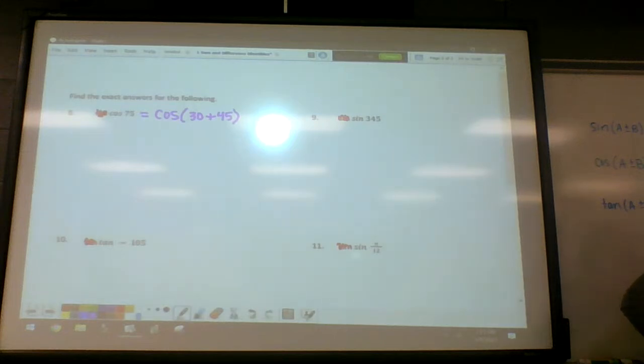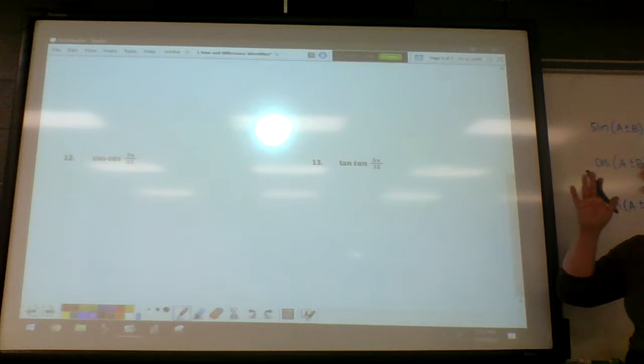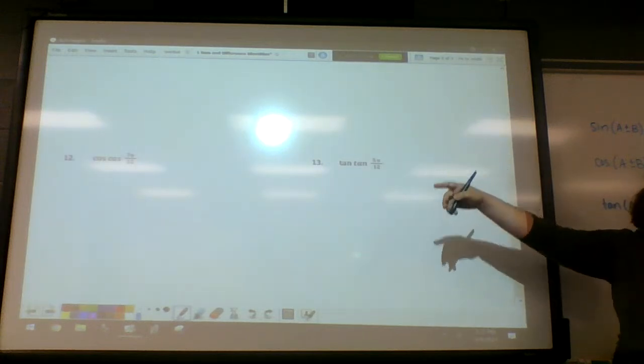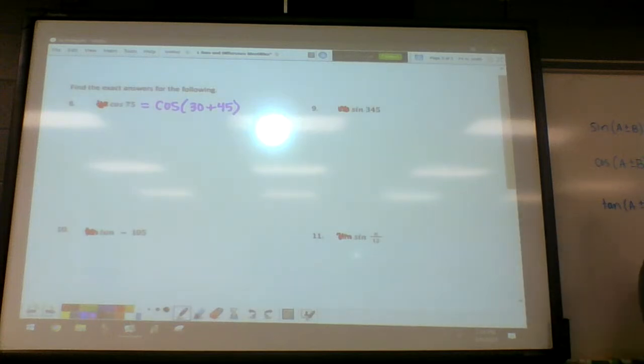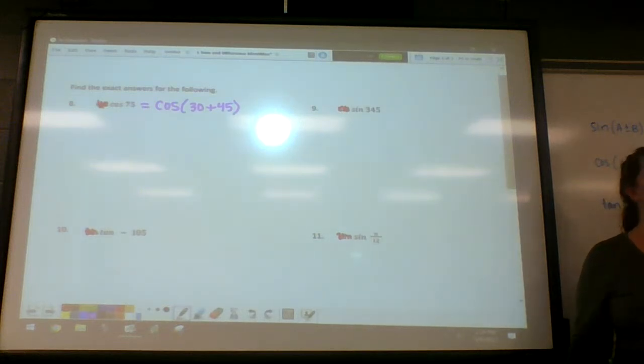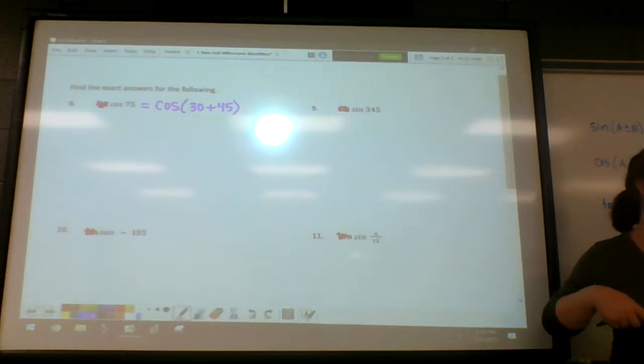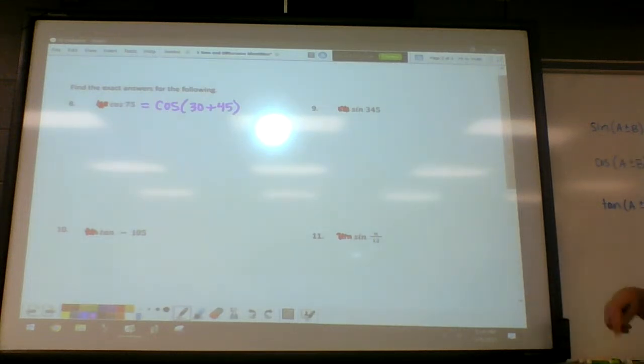So whatever you pick, and there's tons of options, you either have to add or subtract to get the number that you're looking for. All right, so 30 and 45 are definitely the most obvious, I think, for sure. But that's not the only set. So you might do something, and I might have picked a different set, and we might have different work, but we'll get the same answer. Does that make sense? So just because we picked one doesn't mean that's the only one.